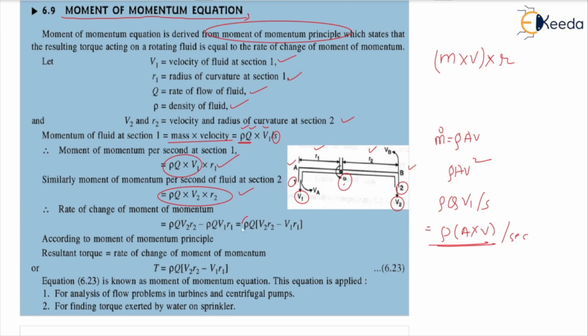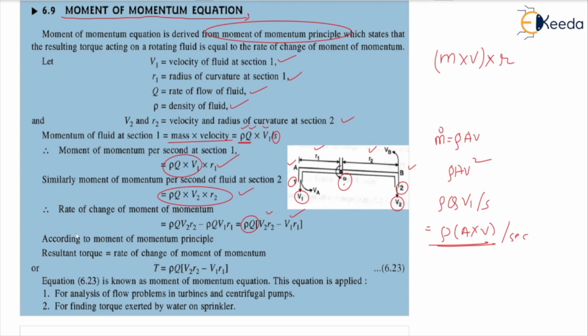So rho Q is common, you can take it common out: V2 R2 minus V1 R1. This is the equation. What is written in the first line? It states that the resulting torque acting on a rotating fluid, the torque at the hinge, is equal to the rate of change of momentum.